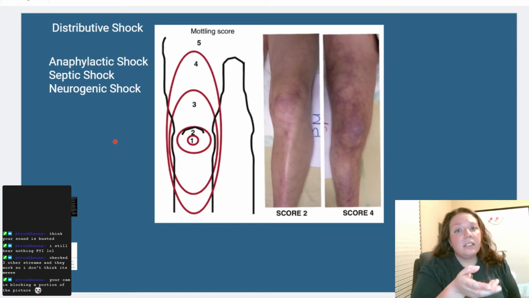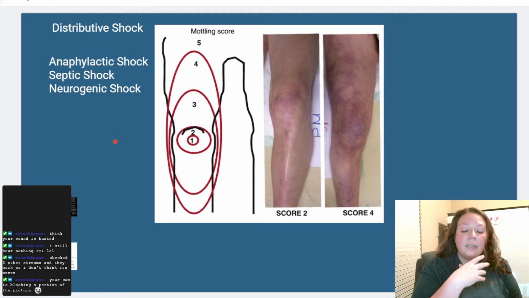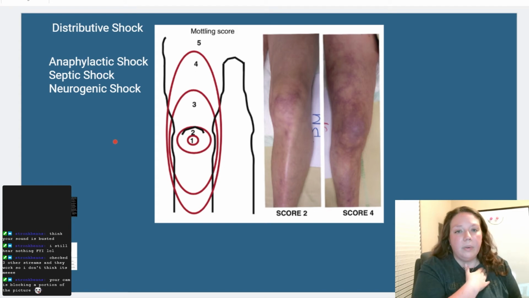You can have patients in the hospital go into septic shock. Maybe they had a Foley catheter and they weren't receiving good Foley care, cleaning around the catheter. They develop a UTI and then end up going into septic shock. Same thing with a ventilator and pneumonia. And central lines, that's another big one.